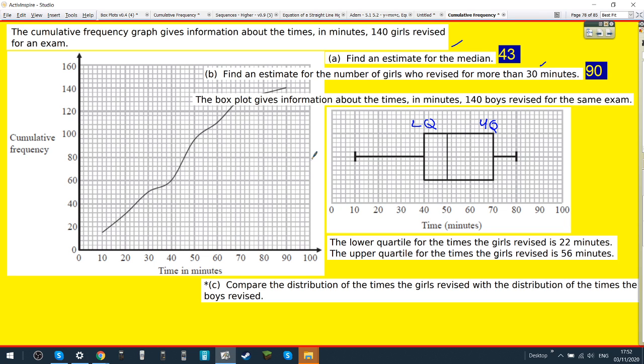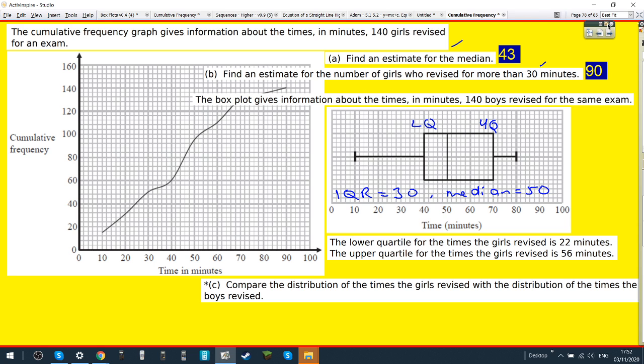Yeah, so lower quartile is 40, upper quartile is 70, and so the interquartile range is 30. What's the median? Median 50. And so, compare the amount of time they spent.